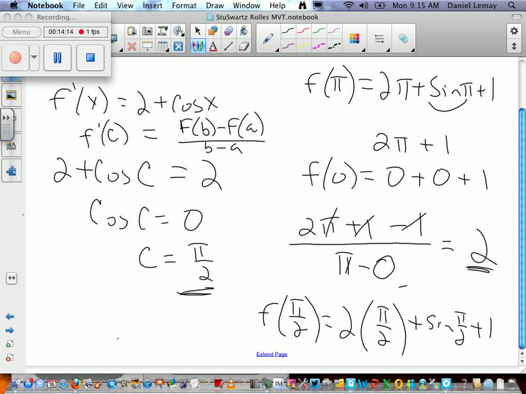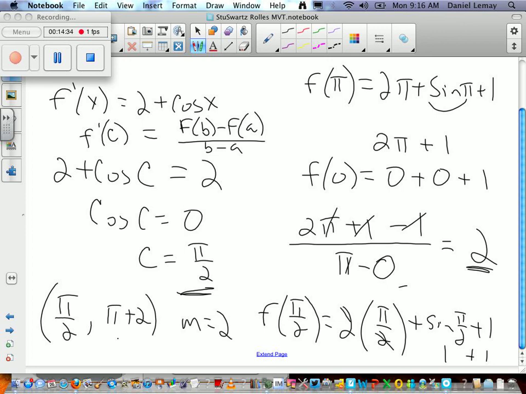Well, that's pi. That is 1. And that's 1. So I'm getting pi plus 2. So I've got the point pi over 2, pi plus 2, and I've got a slope of 2.